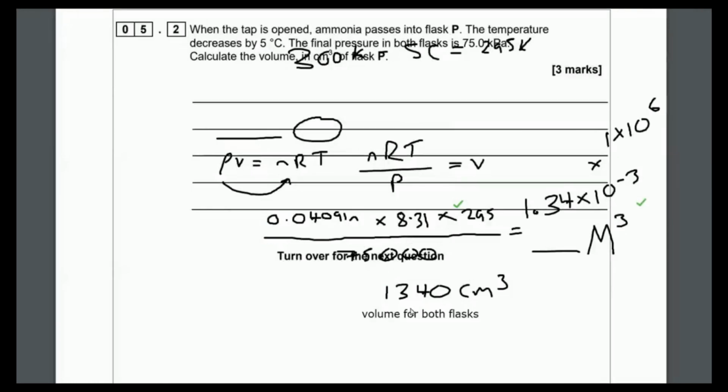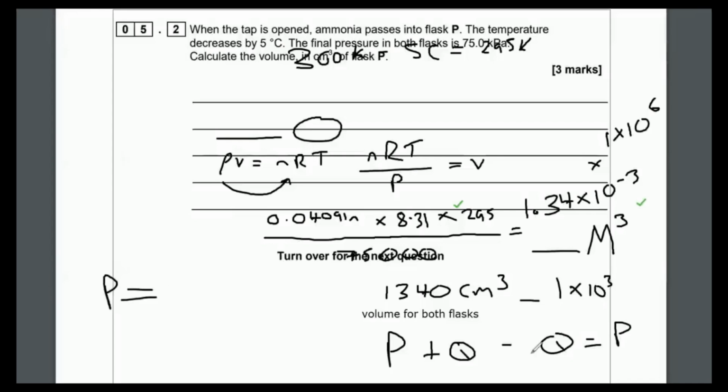So we've worked out the volume of both, but we know that this is P plus Q. And if I want to find out P, I need to do P plus Q minus Q equals P. So P plus Q minus, and Q was 1 times 10 to the 3, which is 1,000 centimeters. So my P is going to equal 340 centimeters, there or thereabouts.